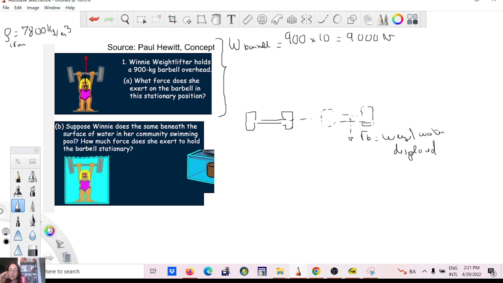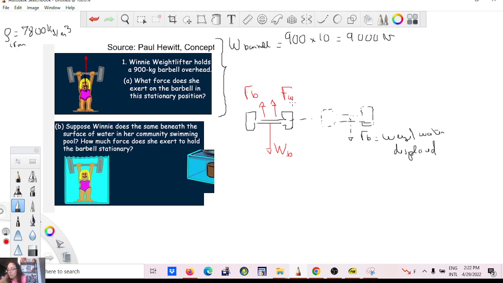So what are the forces acting on the barbell? You're going to have the weight of the barbell, I'm going to call it WB, and then you have the buoyant force, which is the weight of the water displaced, and you have, I'm going to call that F Winnie. Her name is Winnie, so we call it her force.